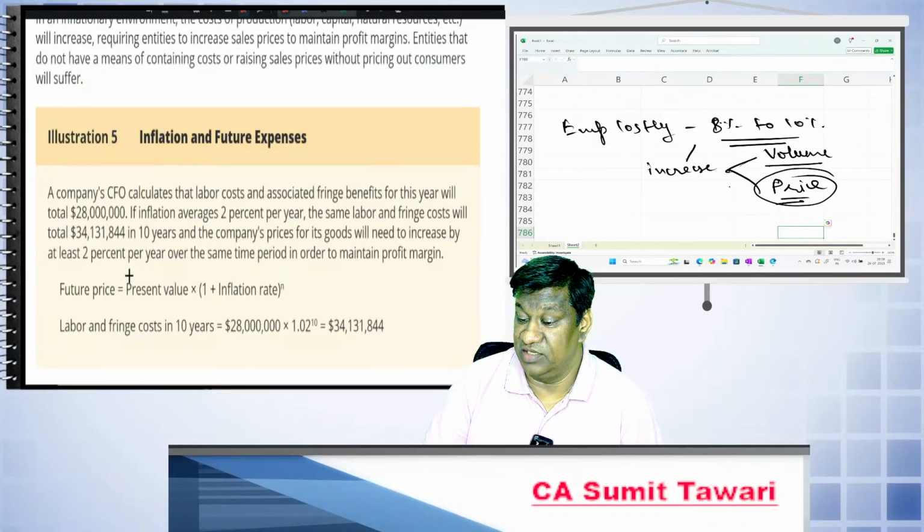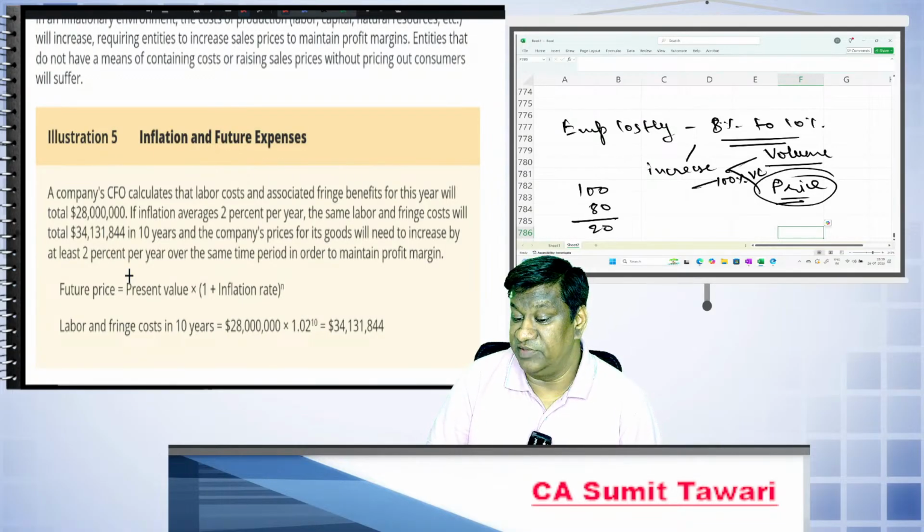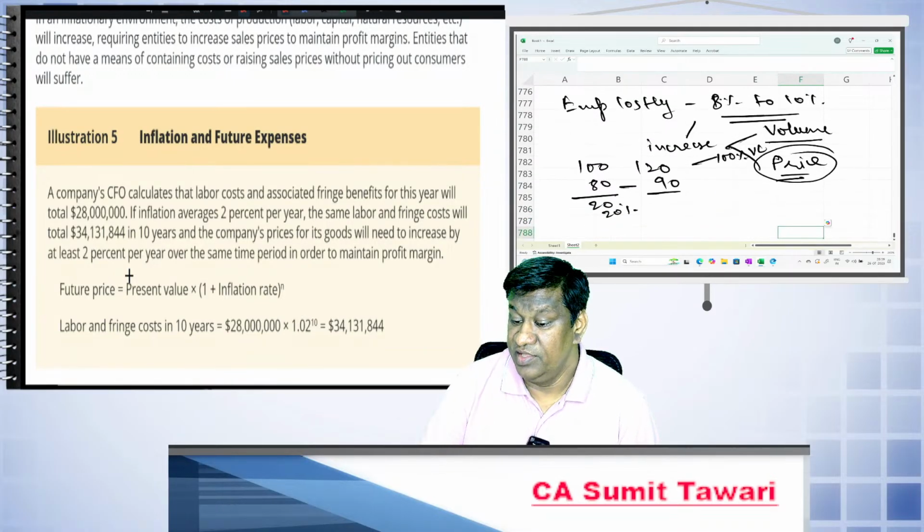Why am I saying 100% variable cost? If my sell is 100 and 80 is my variable cost, then 20 is my margin. If the variable cost increases by 10%, to maintain the 20% profit, I need to increase with the same value.